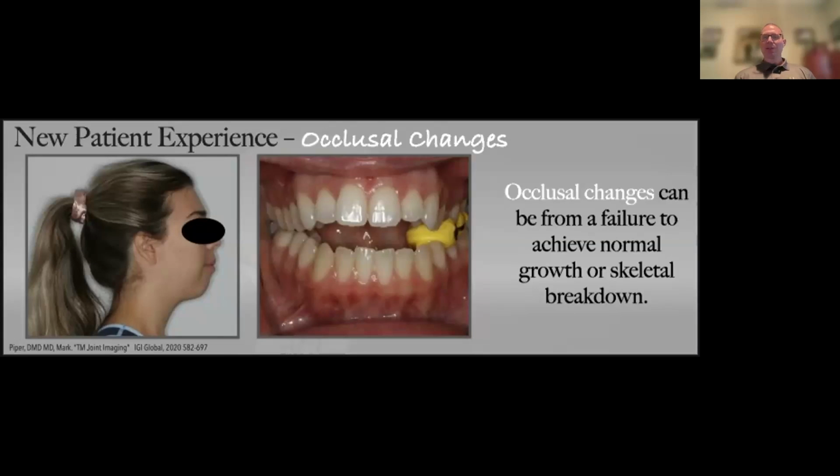When she came into the practice during that initial interview, I asked, is there anything about your teeth you'd like to change? She shared with me that she hates the fact that she has to walk around with her mouth open. She said when she was in high school, she'd walk through the halls and her mouth was open and everyone else's lips were closed, and it became embarrassing. We're going to talk a little bit more about that in just a second.